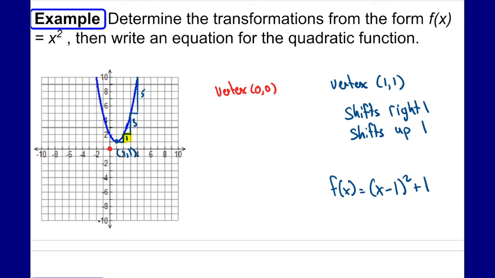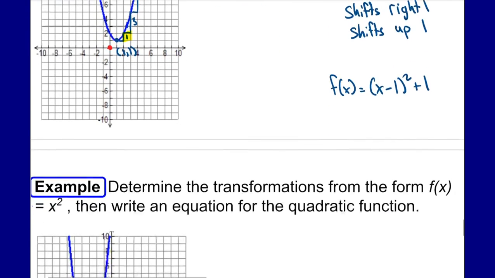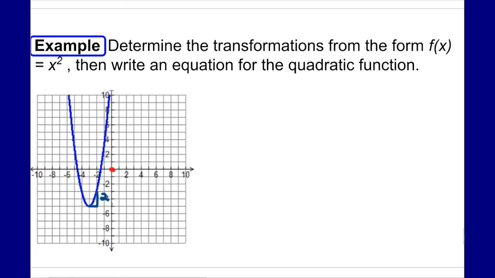Essentially, what we're doing by looking at the graph is just trying to come up with the vertex form for the equation, similar to what we've done before, but now we're applying transformations to it. If we look at the next one, again, look for that vertex where it originally is, look for that new one, and see how it has changed.